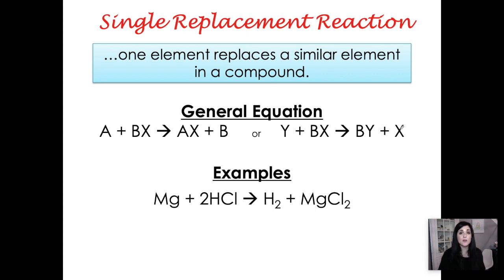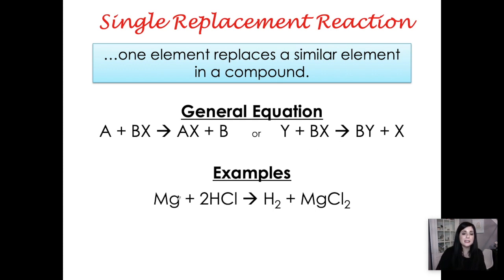Magnesium has an overall charge of +2 when it's in a compound, and hydrogen has a charge of +1. Because magnesium and hydrogen both have positive charges, they have the ability to replace one another in the final products.